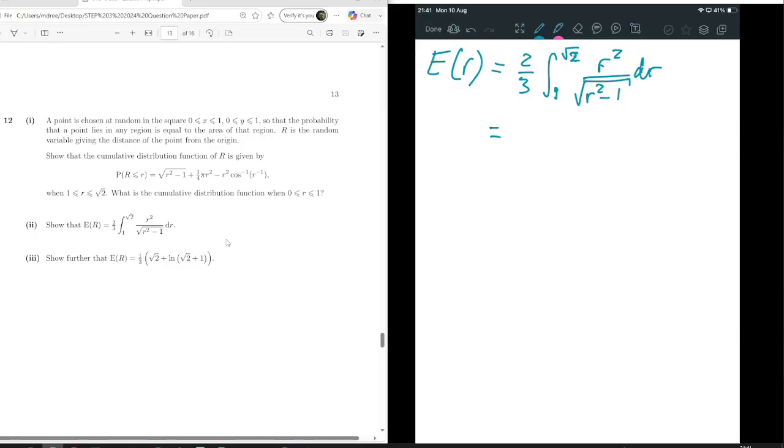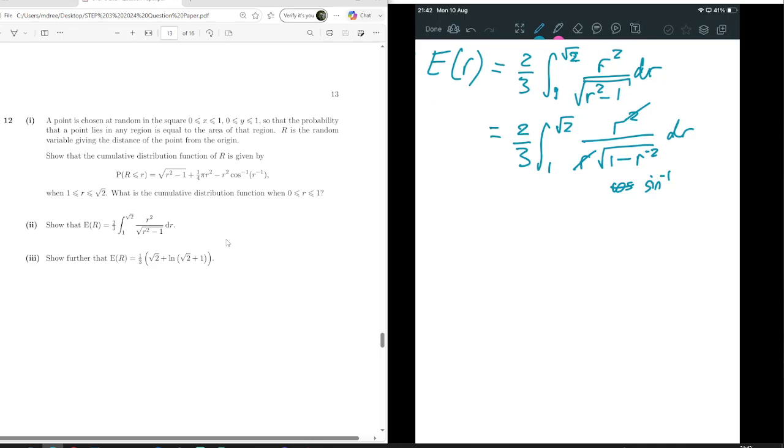So I'm going to write this as 2/3 integral of, and then I'm going to factor out an r squared from the thing in the denominator, so that's 1 minus r to the minus 2 with an r squared on top. Is that going to help me out in another manner? Well, no, because that cancels, that cancels. This is now looking more like a cos or a sine inverse integral, which is a lot less pleasant because sines don't lead to lns.